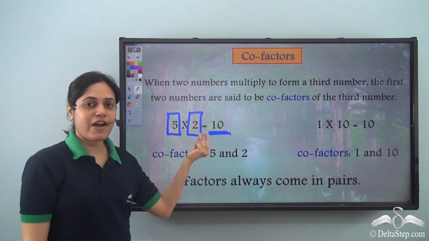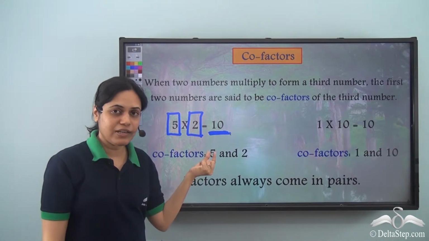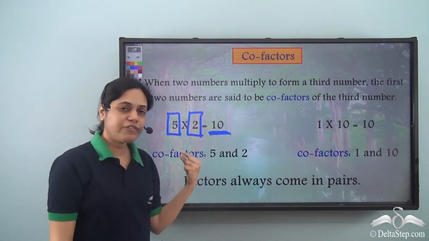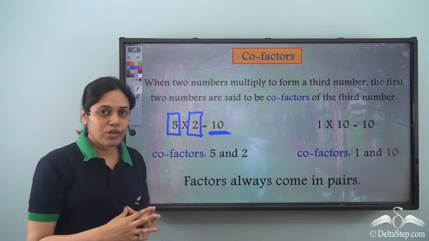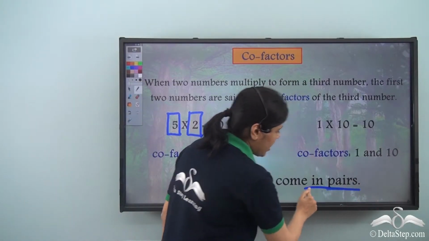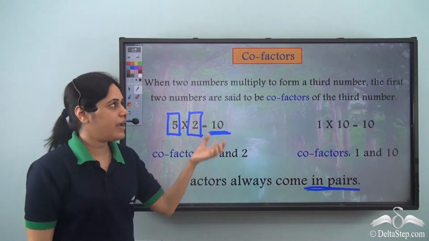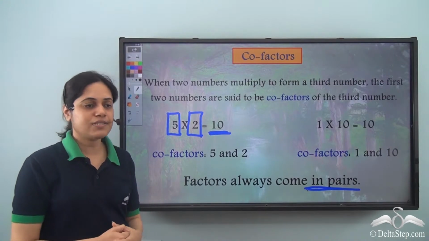So 5 is a factor of 10 means 5 has to be multiplied with another number, which is 2, to give 10. So these two numbers which come together to give me 10 come in a pair. These two numbers which come in a pair are called cofactors.